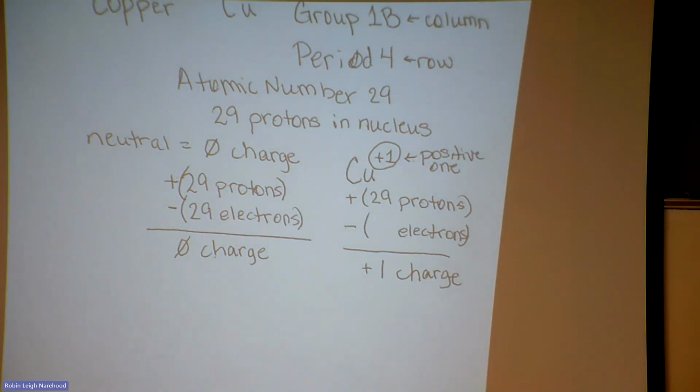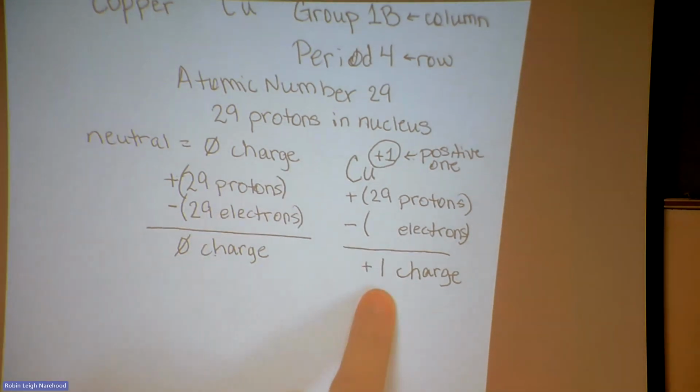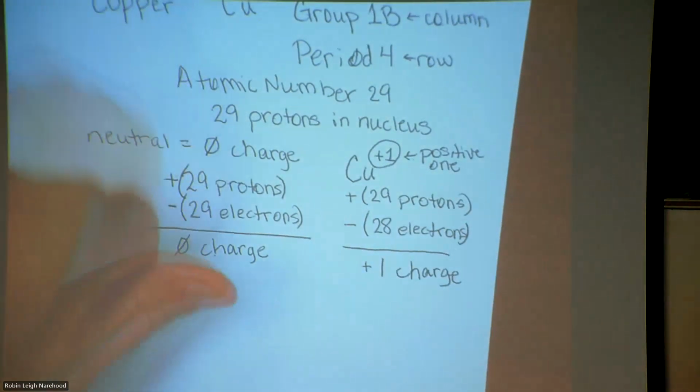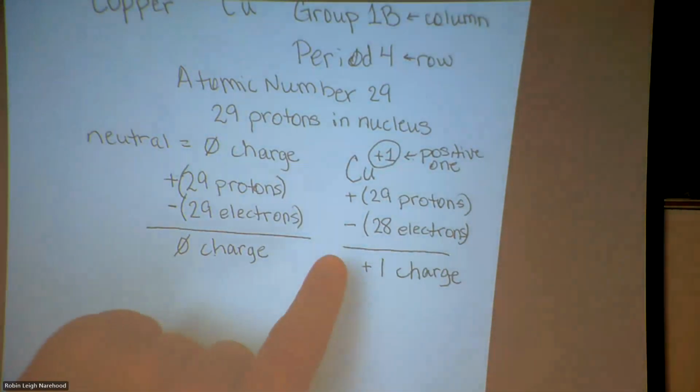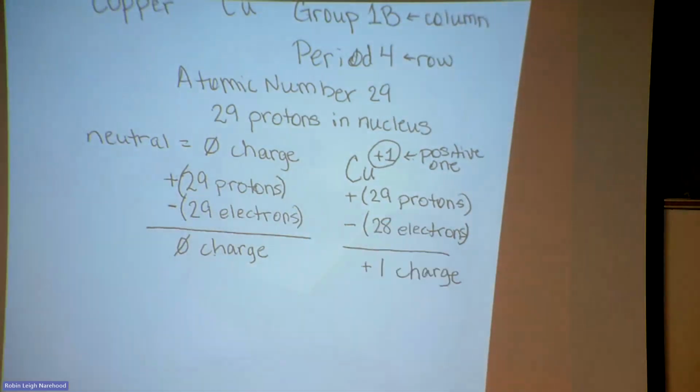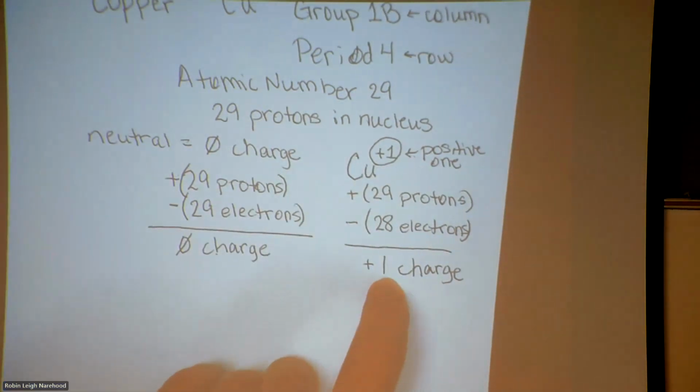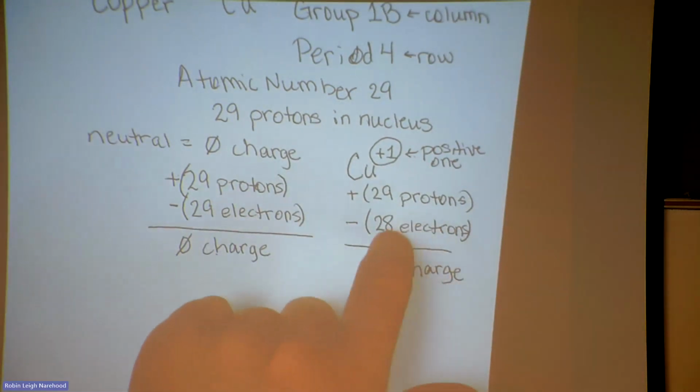So if I got 29 positives, how many negatives am I going to have if I still have a positive leftover charge? 28. So this thing has 1 less electron. This is our little formula that we'll do. If you know protons and electrons, you can add them together and get the charge. Or if you know the charge, you can figure out how many electrons or protons.